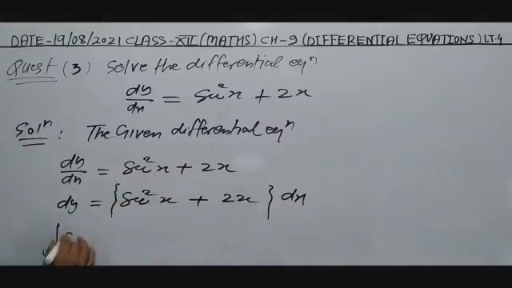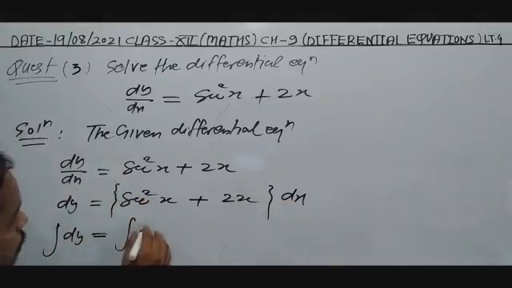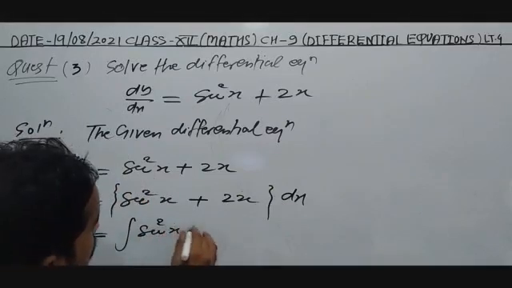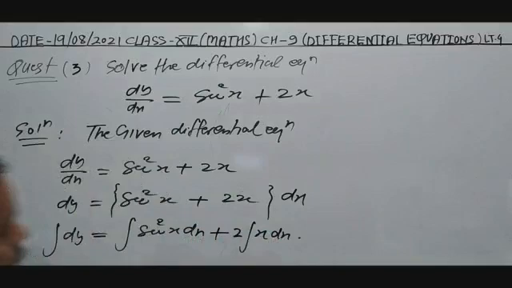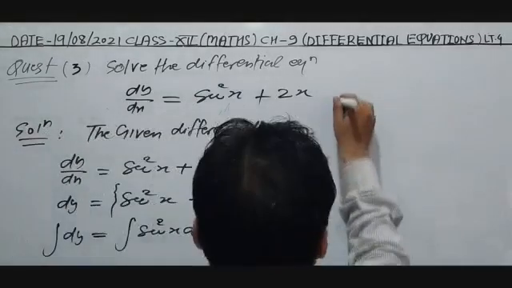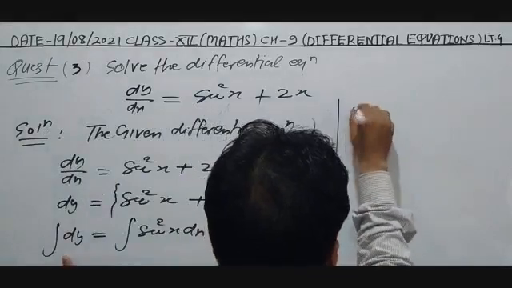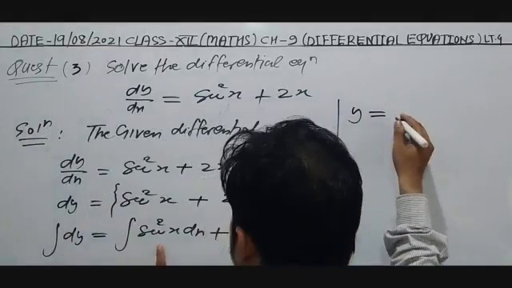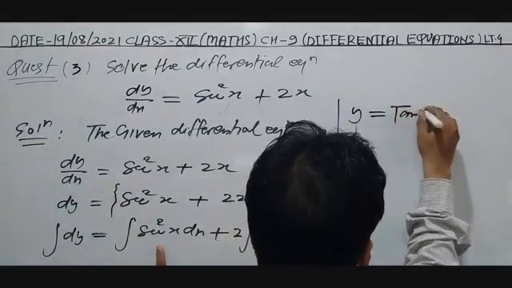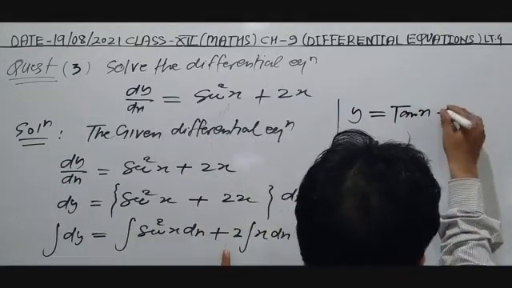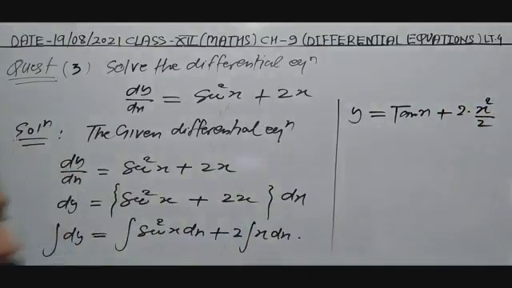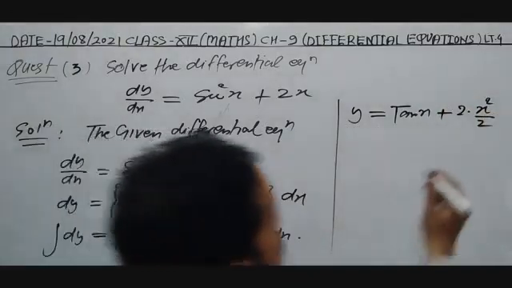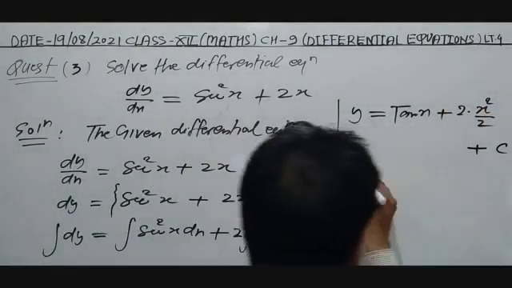Now operate the integration sign. Two times x dx. Now integration of dy, result will be y, and integration of sec²x dx, result is tan x, and 2 times the integration of x, result will be x²/2. And now you will add an arbitrary constant, that is plus c.